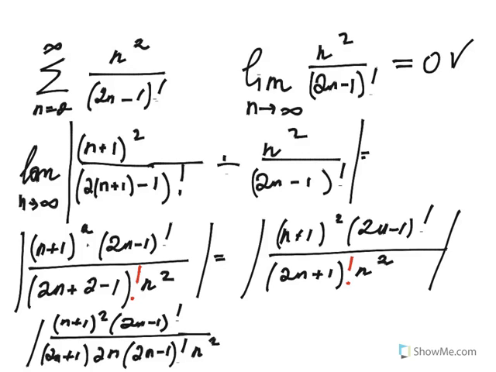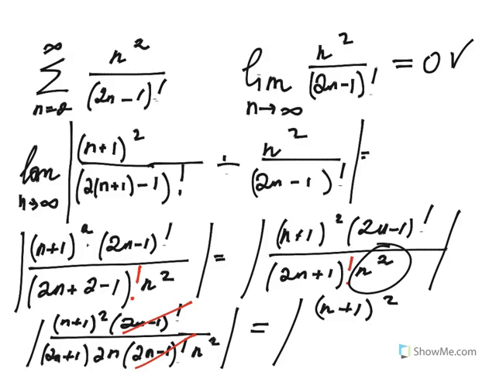I forgot the n squared because it's sitting right there. Okay, so we can cross out these guys, and we end up with n plus 1 squared on the top, and on the bottom we have 2n times n squared, which is 2n cubed, and 2n plus 1.